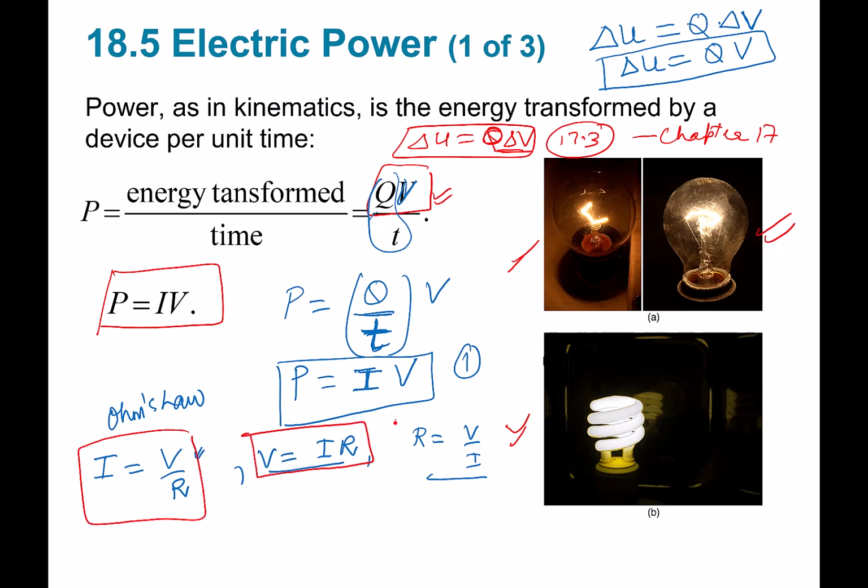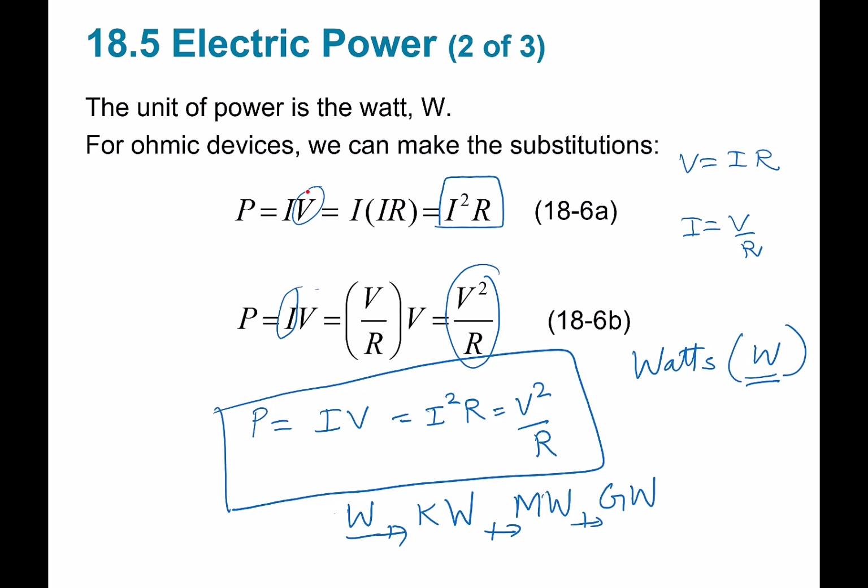So from one equation, we can have 3 different configurations. If I substitute first for V, it becomes I square R. If I substitute for I as V by R, then it becomes V square over R. So we can write power in 3 different forms. P is I cross V, P is I square R, or P is also V square over R.